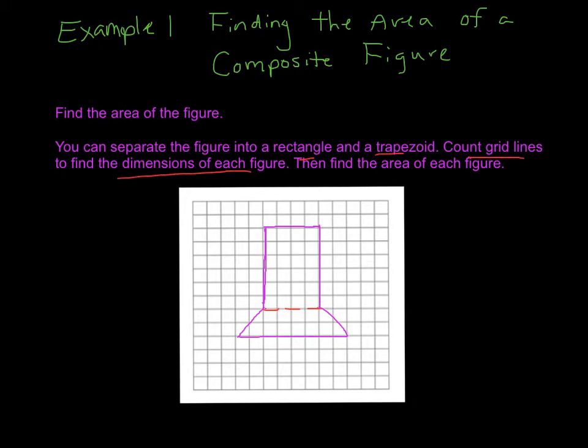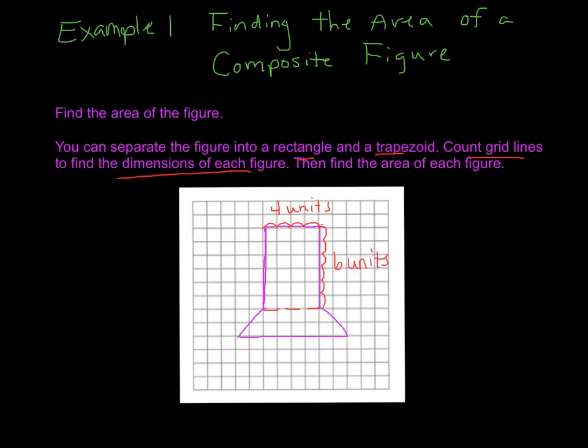So I'm going to count. I've got 1, 2, 3, 4 units up here. So I'm just going to write 4 units. Then I'm just focusing on my rectangle. Then on my rectangle, if I'm going down, I've got 1, 2, 3, 4, 5, 6 units.